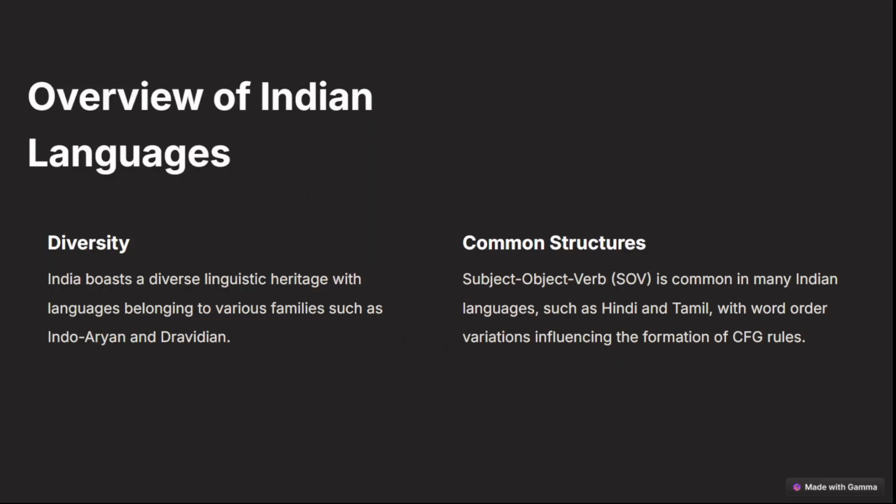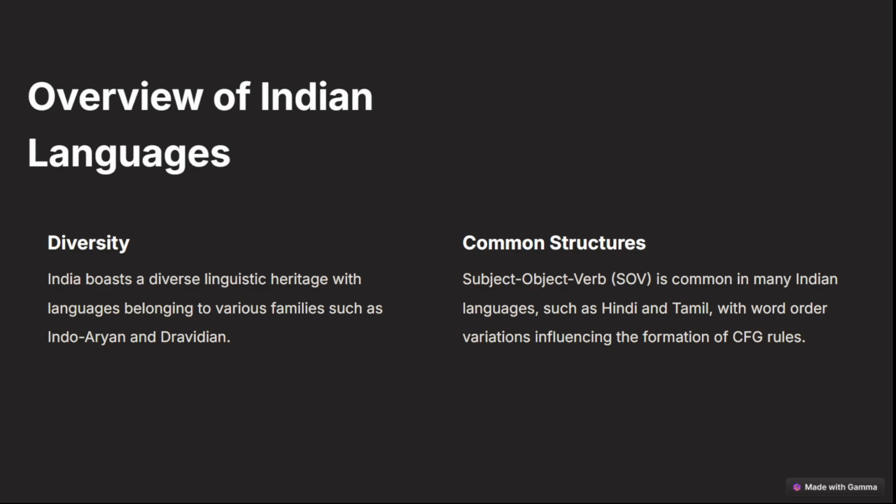So, an overview of Indian languages. India boasts a diverse linguistic heritage with languages belonging to various families such as Indo-Aryan and Dravidian. These diverse features can be a problem in machine translation or in natural language generation. So there are different structures for Indian languages.